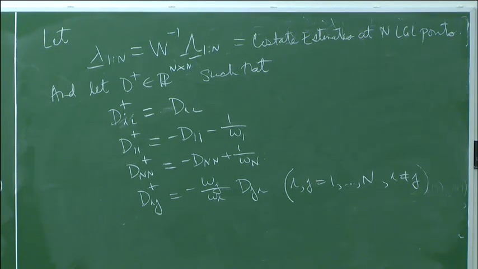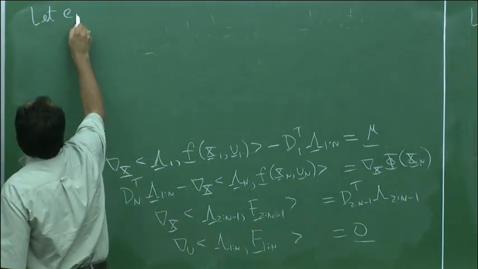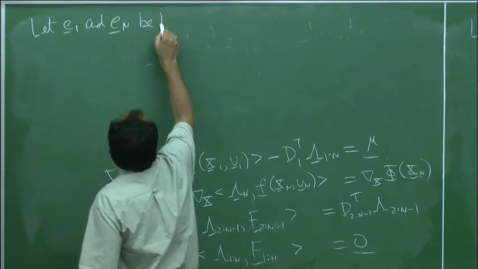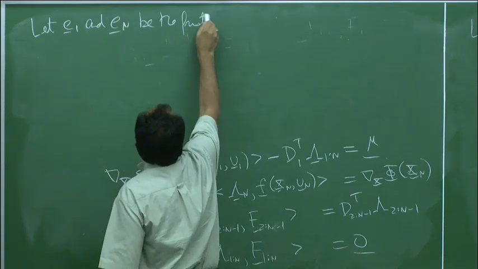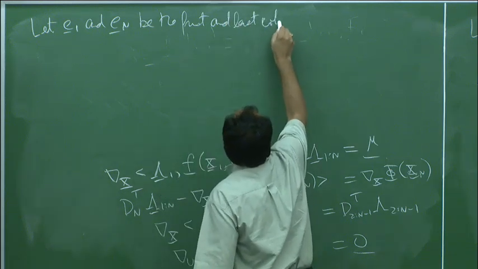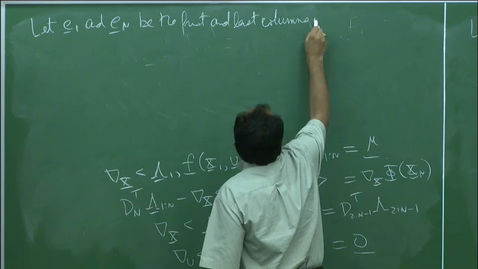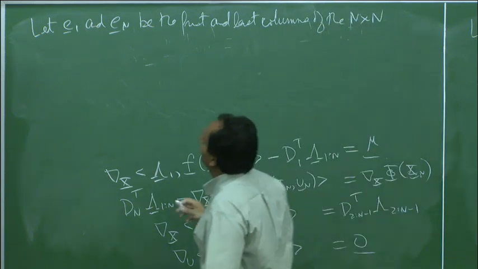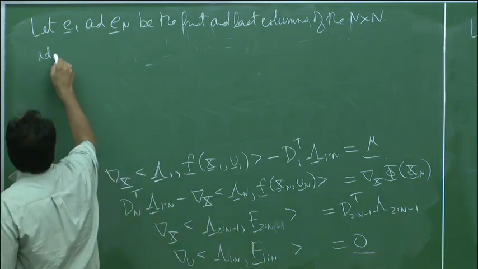And the way I'm going to do that is as follows. Let E1 and En be the first and last columns of the n by n identity matrix.